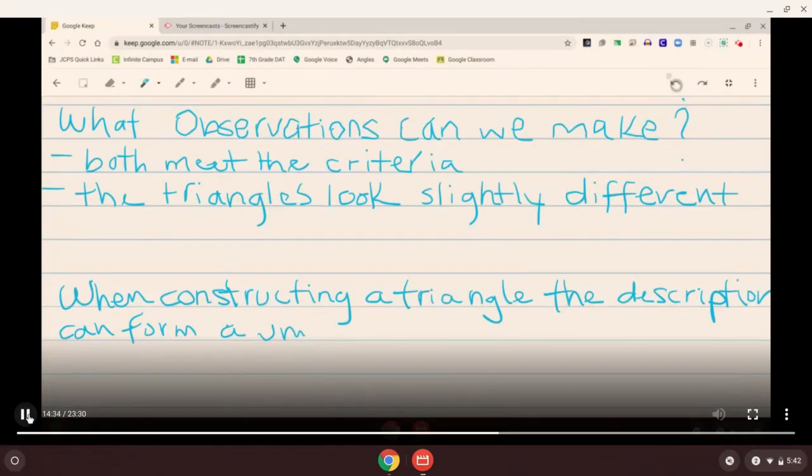A more than one triangle, or no triangle. So we're going to go deeper into what each of those means in the next one. But a unique triangle means that there is only one of them. More than one triangle obviously means that there is more than one way of making that triangle. And then our last one is no triangle, which means that no triangle can be made based on the question.